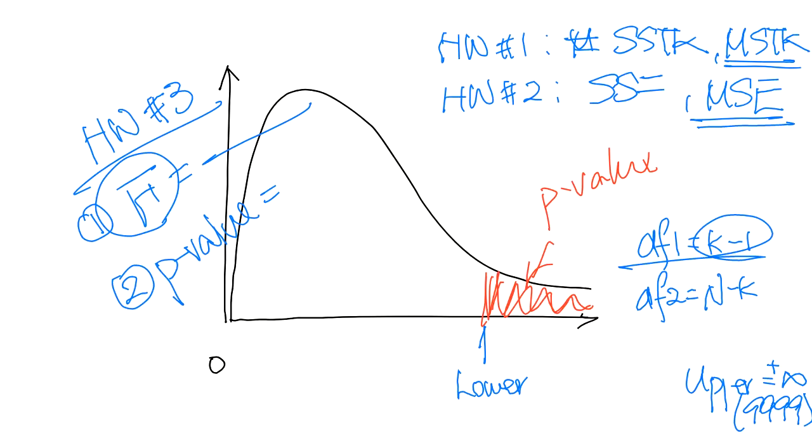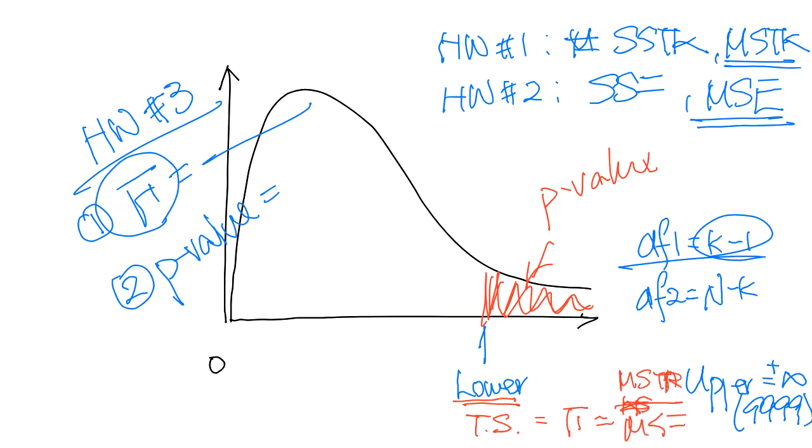How do you determine what that lower limit is? Oh, that is a good question. The lower is the test statistic. What is it? The F ratio, MSTR over MSE.